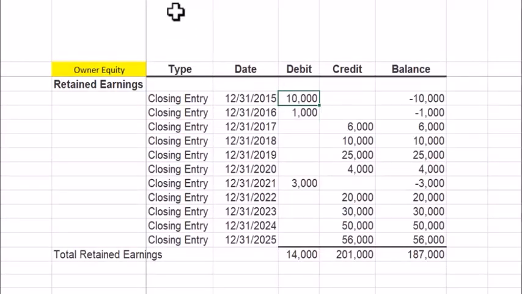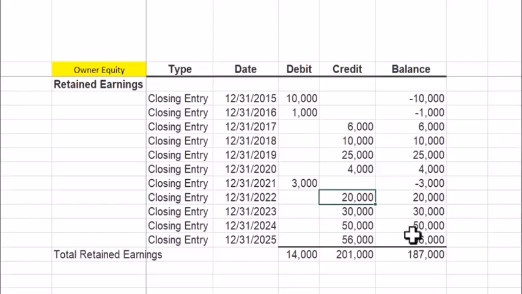So how does retained earnings get populated with money? Well, every year at the close of the year, the software creates an entry like this. It takes all the money that's in net profit and moves it up into the retained earnings account. This example shows that we had a $10,000 loss year one, a $1,000 loss year two, and then we got profitable until COVID times hit, and then things went sideways a little bit, and then things got better again.